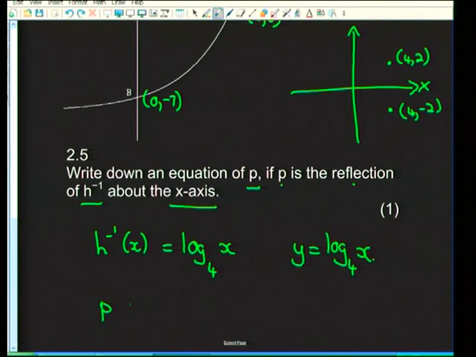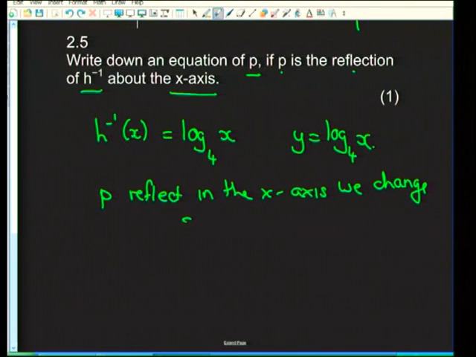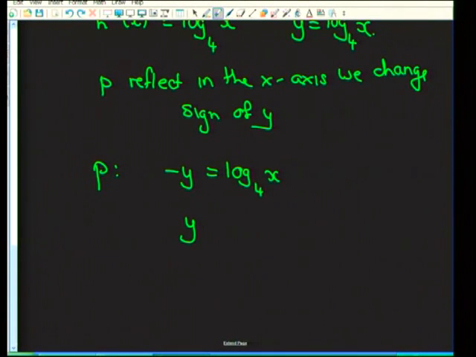So we know that to reflect in the x-axis, we change the sign of y. So P then will be minus y equals log to the base 4 of x. And of course, that will become y equals minus log to the base 4 of x.